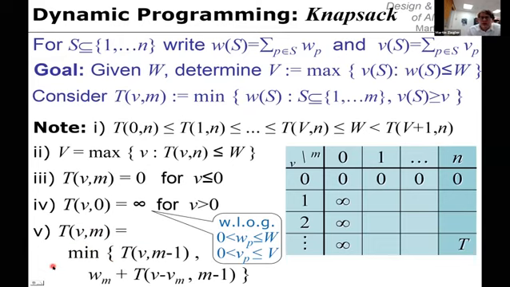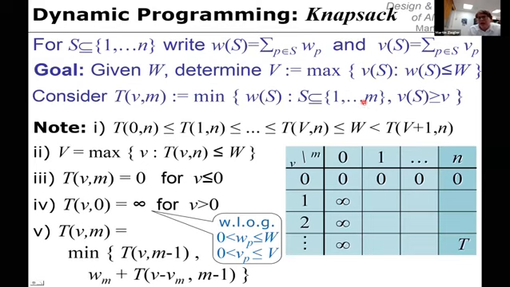once we have found all the possible values that are feasible, and for each feasible value, what is the optimal weight among the first M packets. Now, if we take into account the M plus first packet, there are two cases.